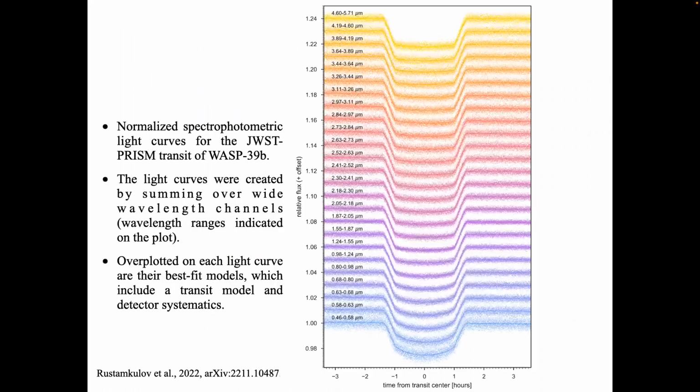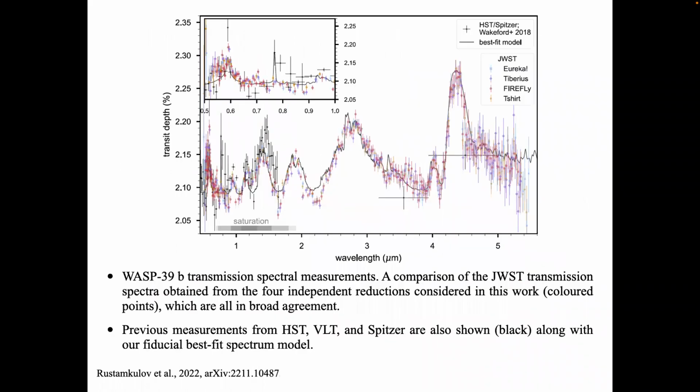Then you can bin your spectrum and obtain all these light curves. Again, you obtain the transmission spectrum, and you can see many points colored in different ways, and each color is linked to a different pipeline that we used. You can also see the Hubble Space Telescope data here, and the Spitzer data.